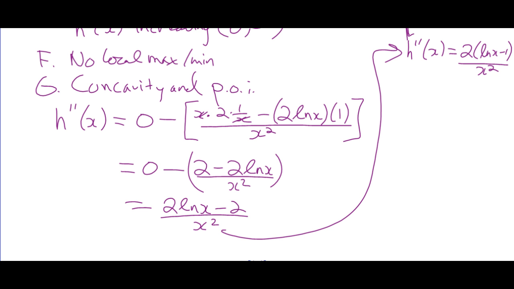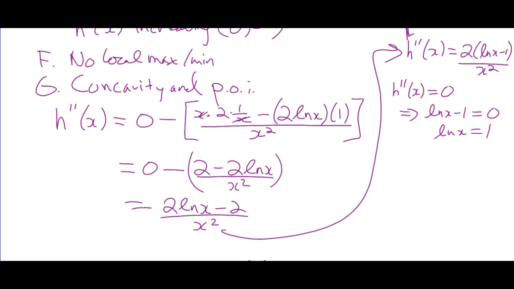Nothing. All right, so when is this 0? Because then we'll have some concavity going on. So h double prime of x equals 0 means that ln x minus 1 is 0. So ln x is 1.